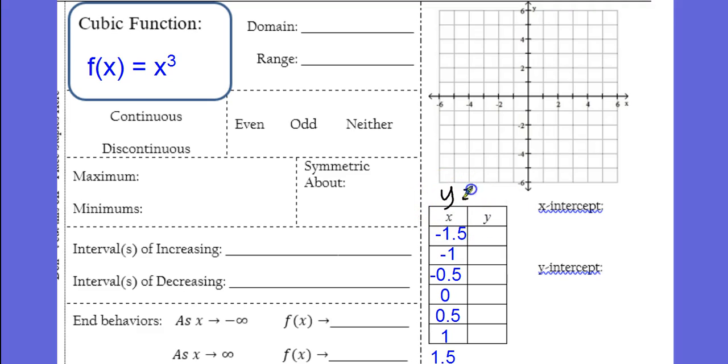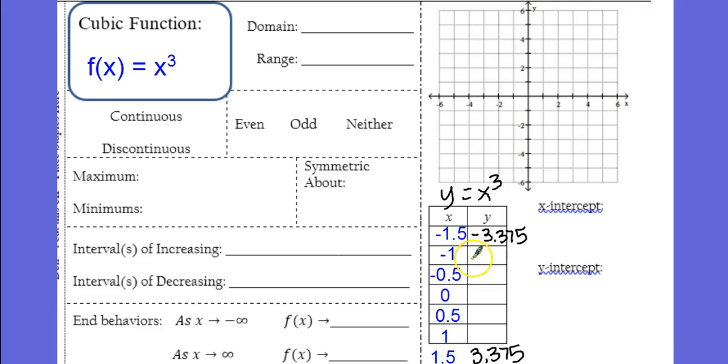So we're going to go y is equal to x cubed, plug in a negative 1.5 and cube it. Negative 3.375. So let's just use our brain. What's positive 1.5 cubed? 3 point... you got it. Positive 3.375. Okay, let's do negative 1 cubed.